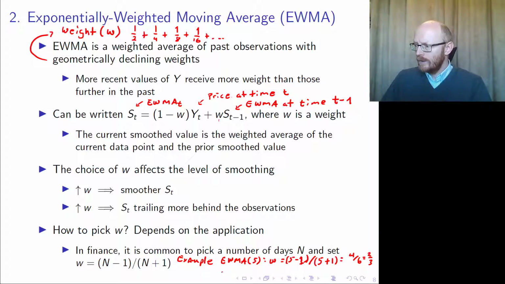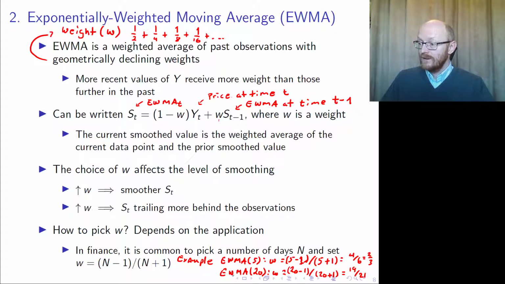And later we are going to look at a 20-day exponential moving average. So then you would have 20 minus 1 divided by 20 plus 1, which is 19 divided by 21, which is closer to 1, right? 19 over 21 is much closer to 1 than 2 over 3, okay?